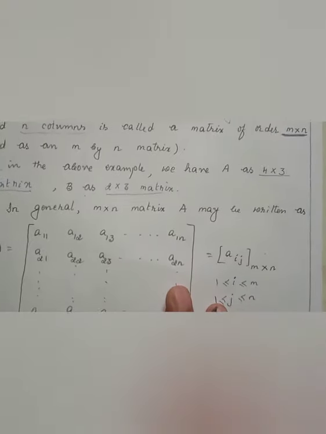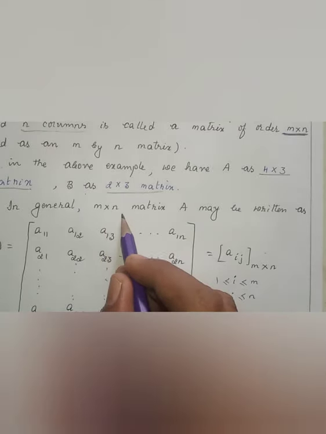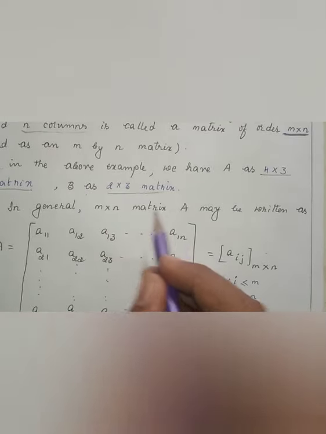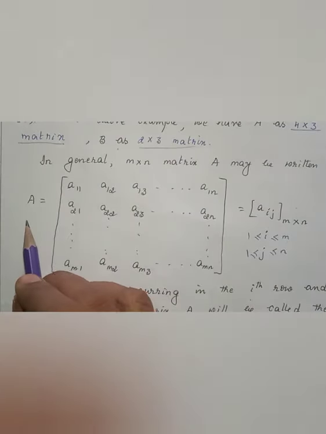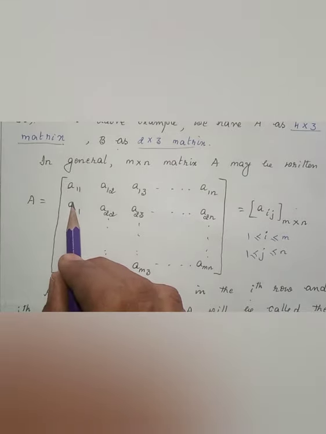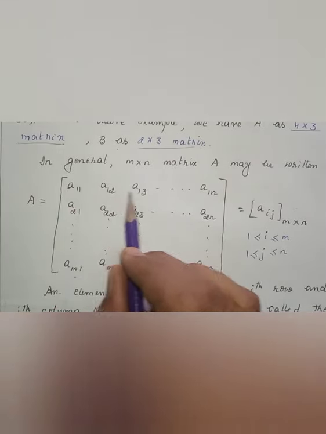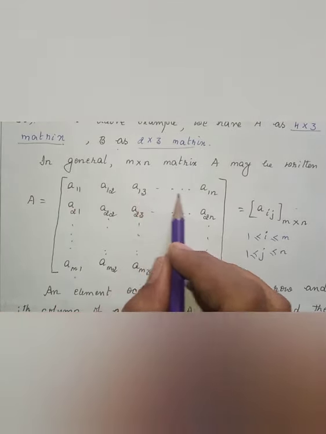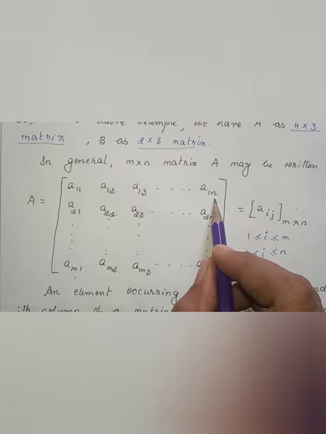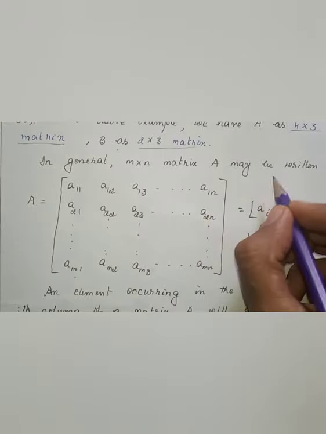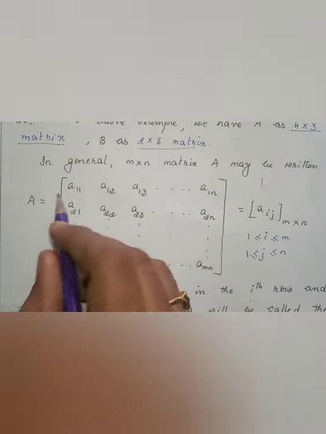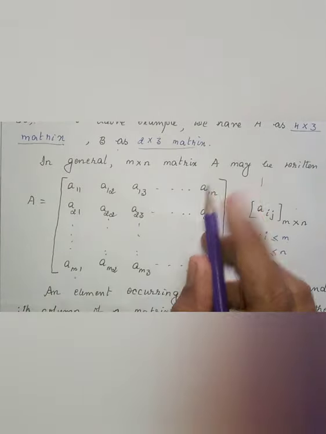Next, in general, an m by n matrix A may be written as A equals A11, A12, A13, etc., up to A1n. These are the entries of the first row.